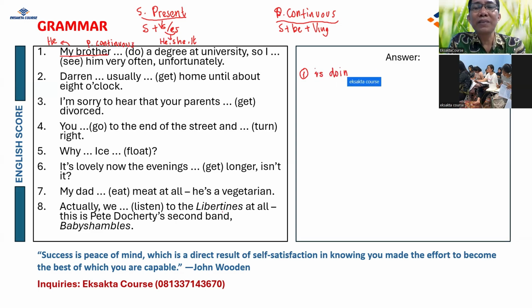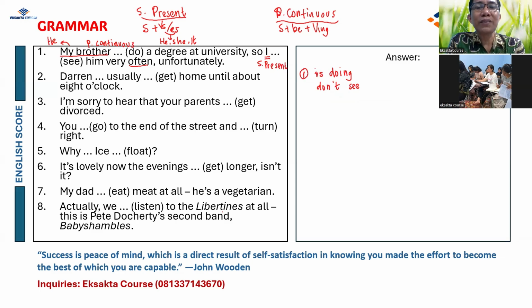And then for the second, it is simple present. So I don't see. I don't see because for negative, I, you, we, they use don't.